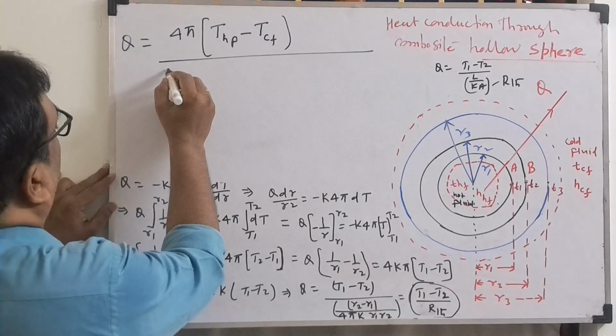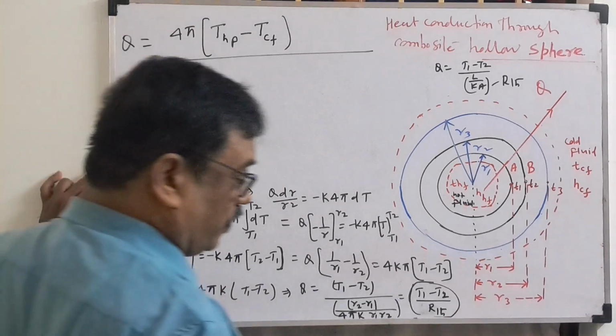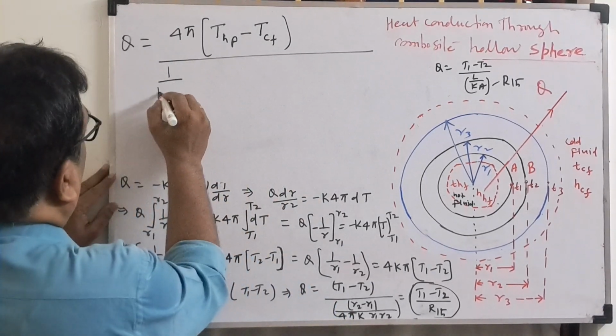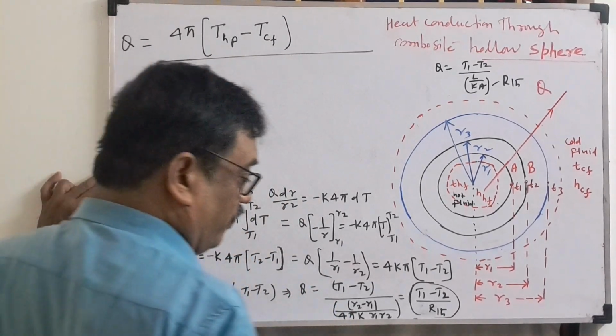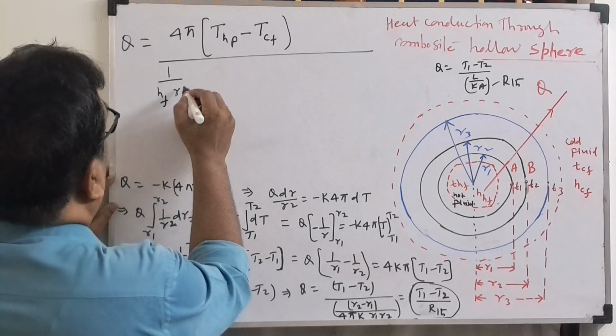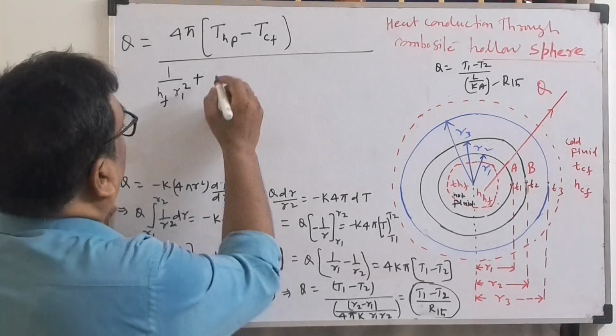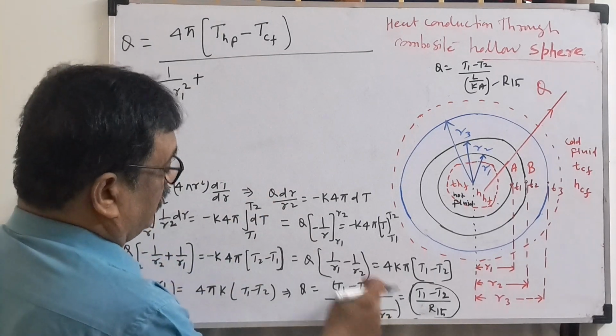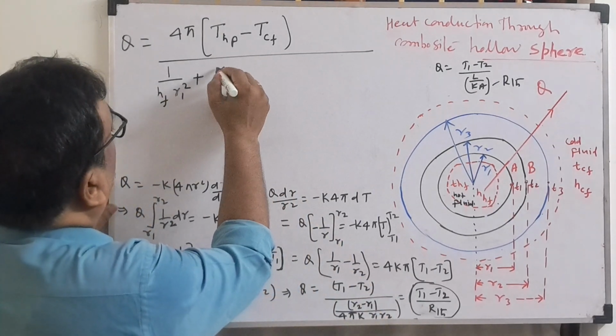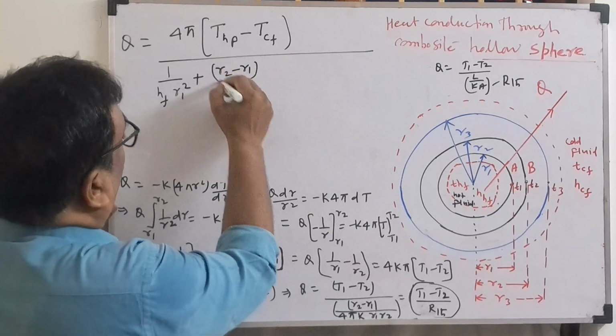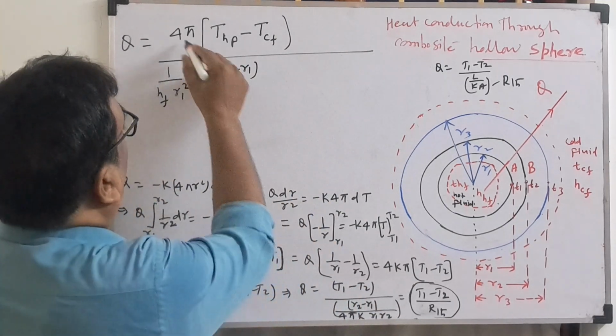So we will see first what is the thermal resistance for this: 1 by HF R1 square for convection. Then similarly, R2 minus R1, 4 pi already there.